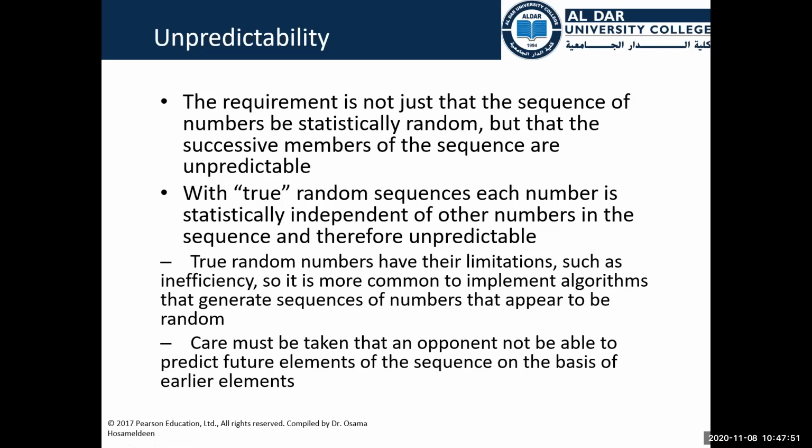But for not true random, these are deterministic algorithms, and you will have a cheaper type of algorithm. So it is more common to implement algorithms that generate a sequence of numbers that appear to be random.